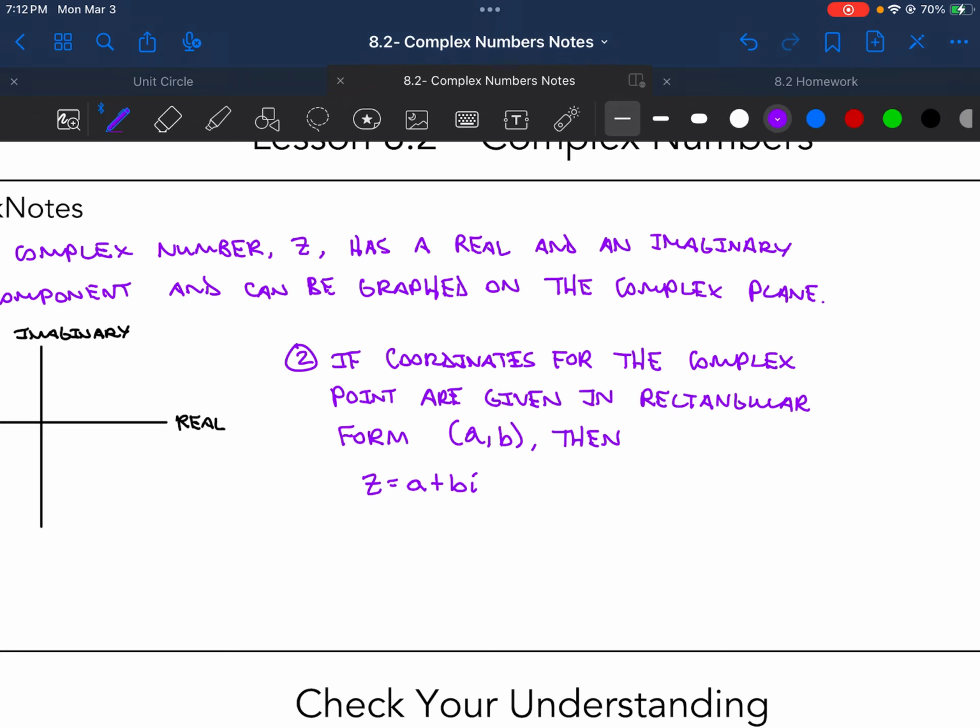Okay, so that's if your coordinates for the complex point are given in rectangular form.